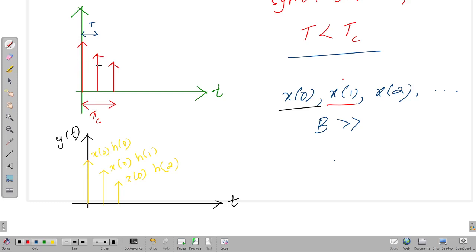So at this time, you will have x of 1 getting received. The first copy of x of 1 is getting received here, so let me denote that by red color.